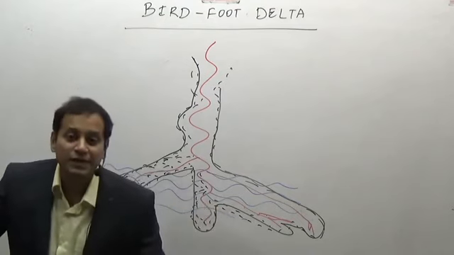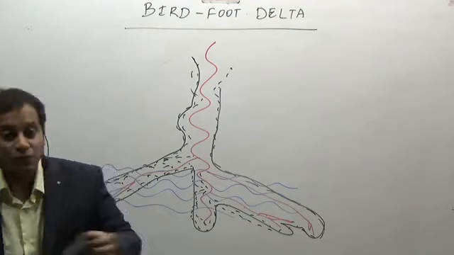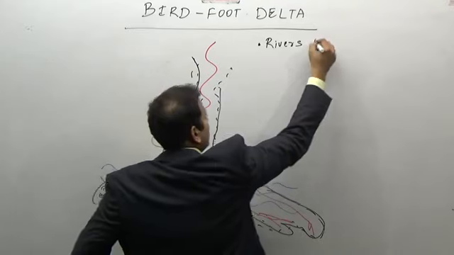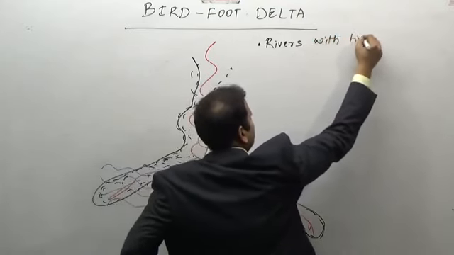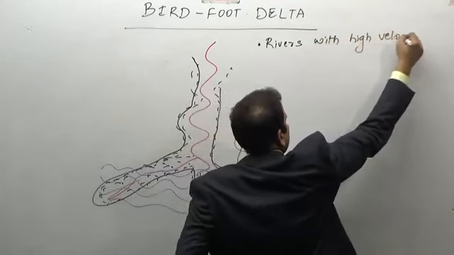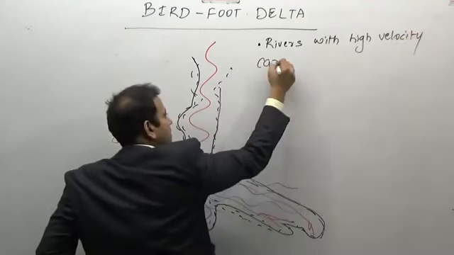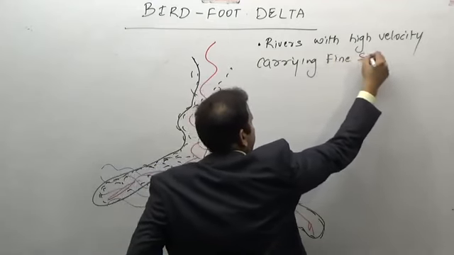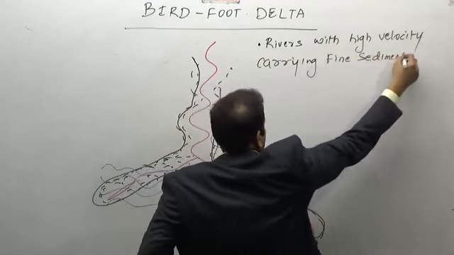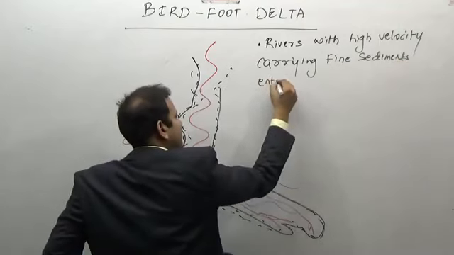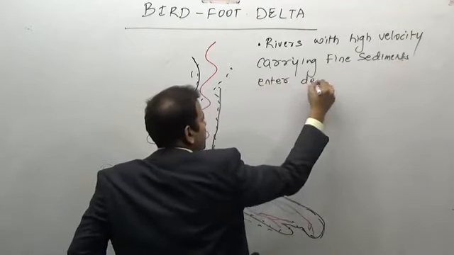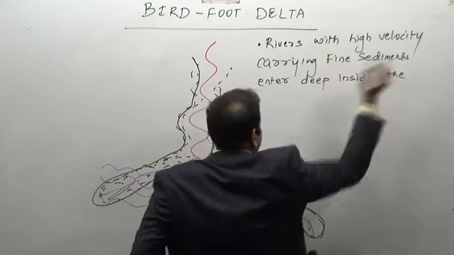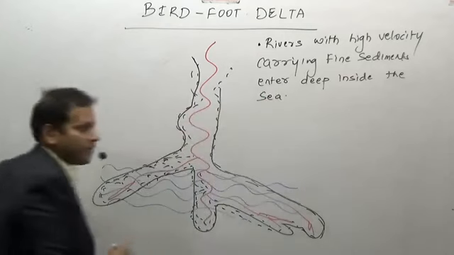Why is the bird foot delta formed? Here the rivers with very high velocity, carrying fine sediments, enter deep inside the sea.